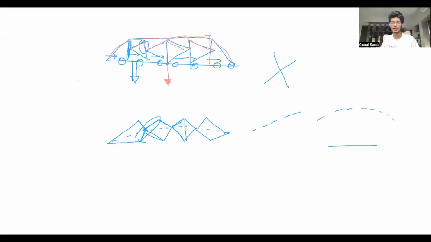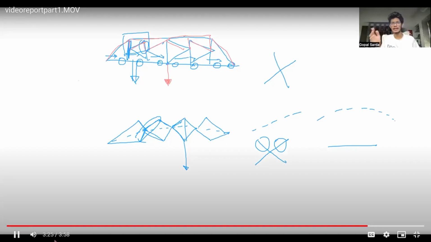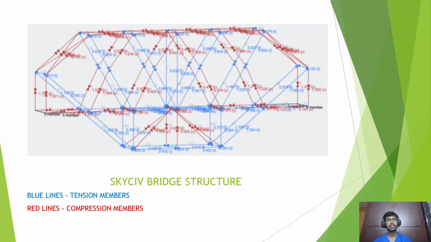I want it to be 4 individual members, joined something like this, so that the compression member length is decreased from a normal K-truss bridge, now that we know the force is going to act in the center. That was the basic idea behind it. I did some auditing and played around with the SkySift structure and came up with the bridge idea.